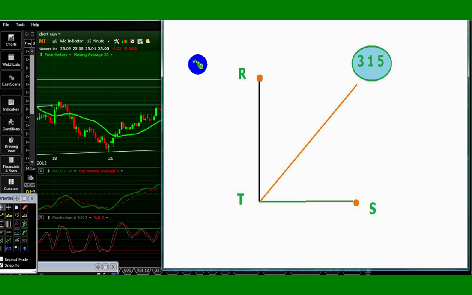How one can master the real-time scalping 315. In order to master anything, one must understand it first, and one must also know how it was built. Very important. So I told you before, this is my first trading system. It's not the best trading system.